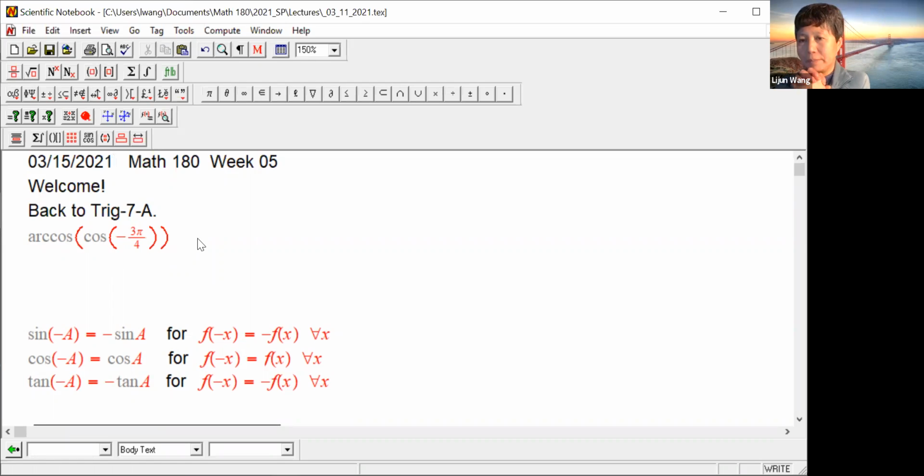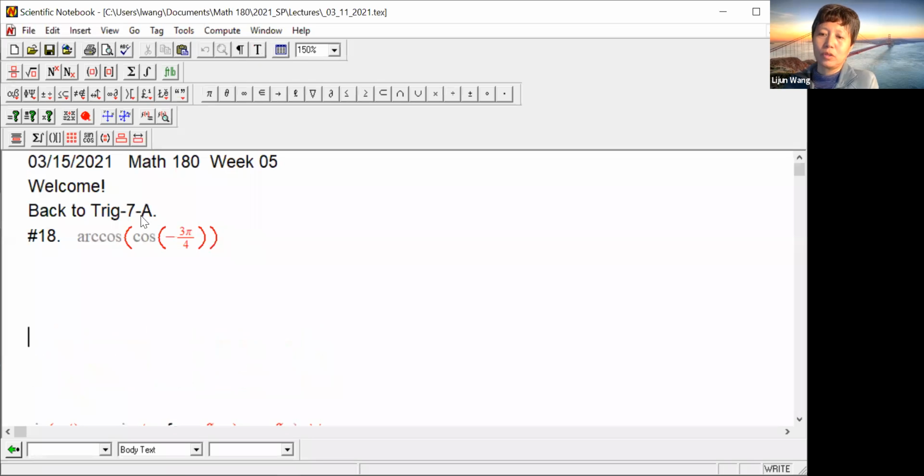This question is number 18 on trig 7A. I forgot if we did exactly this one, but it's very similar. We did it other ways.